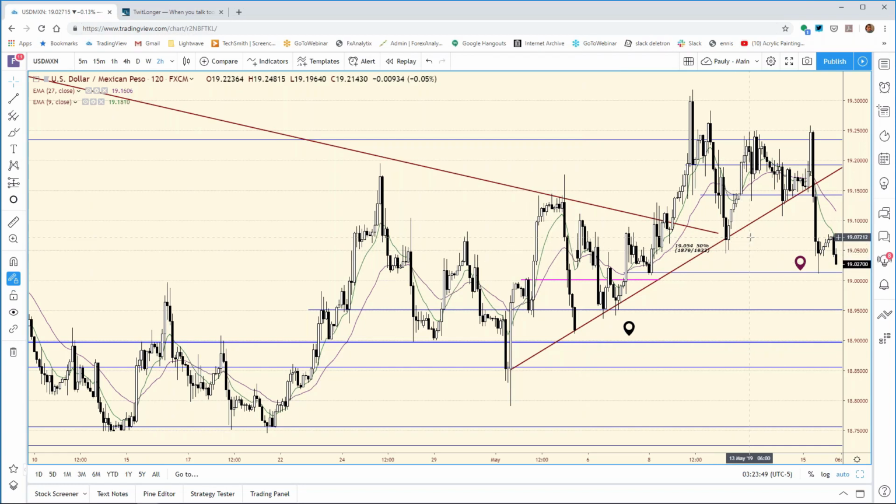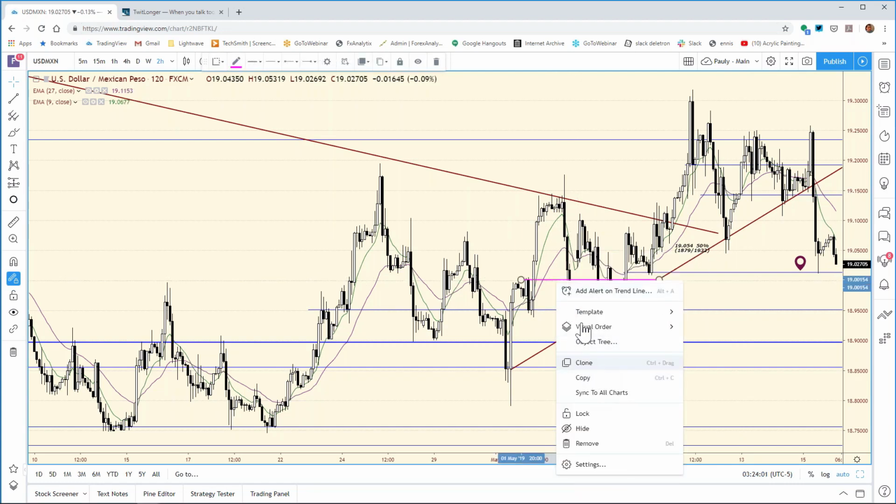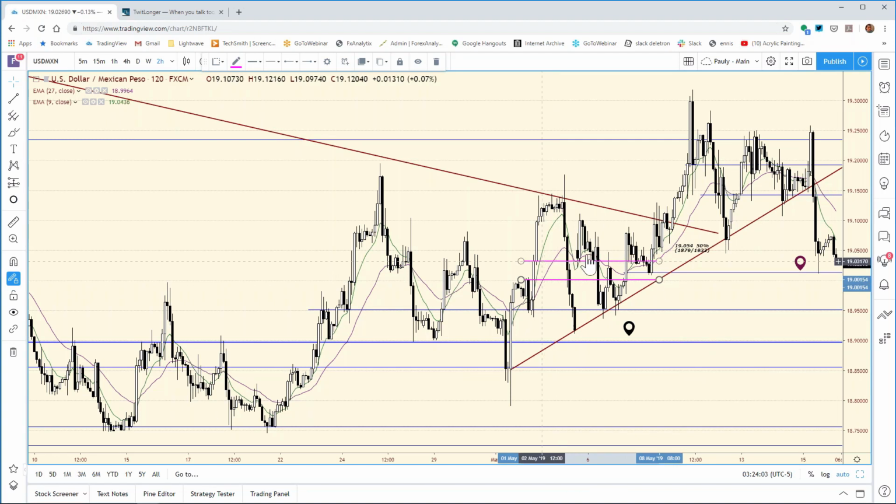Resistance, well, you can see where they're having trouble right here. Resistance is just a touch higher at 19.086. Right there.